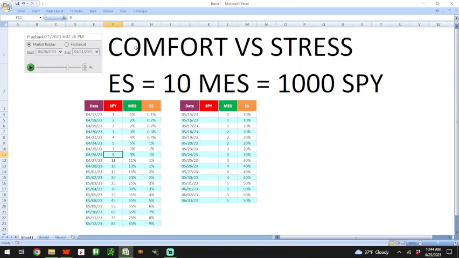If you have a cash account that is less than 1,000, that would be really difficult actually, because that means you can only trade 2 SPY per day. That's actually not possible.